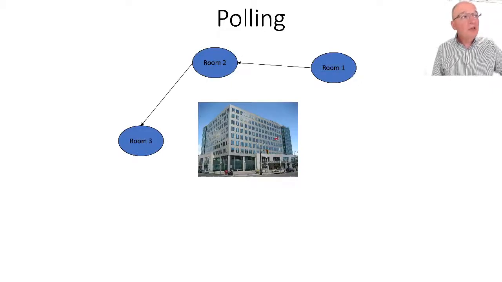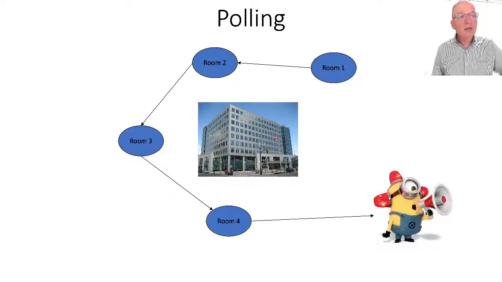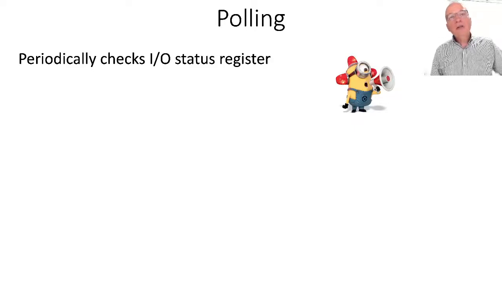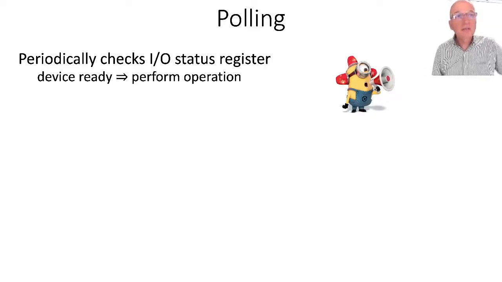So you're going to be polling one room at a time to find if it's okay. If everything is fine, then you can call everybody back in. So this is another way to think about polling, that you are constantly going around and checking to see if anybody needs your attention. So polling is like periodically checking the I/O status register of one or many input-output devices.